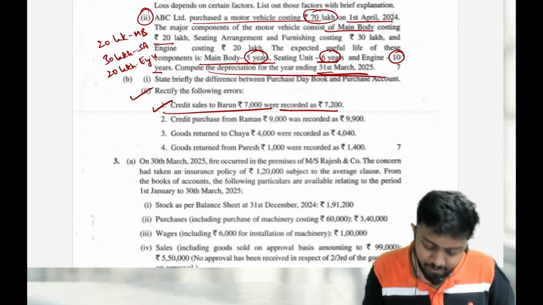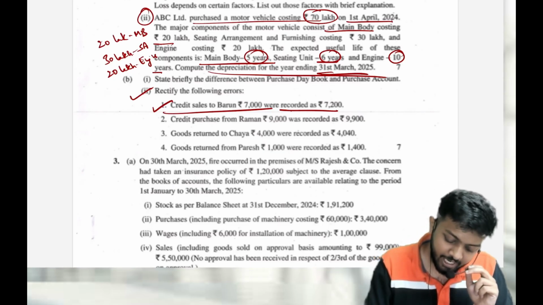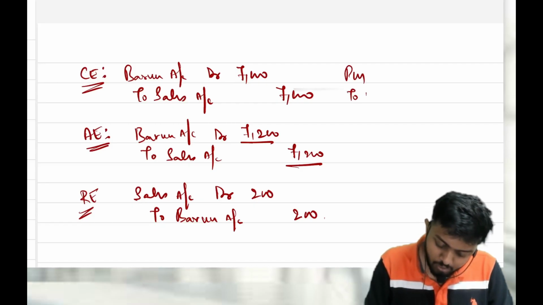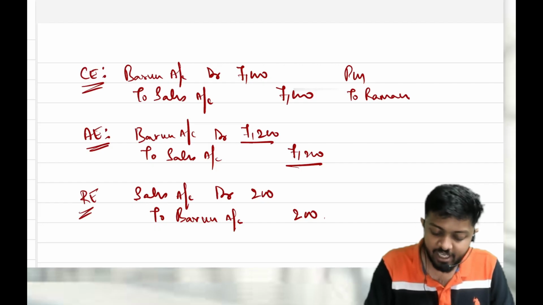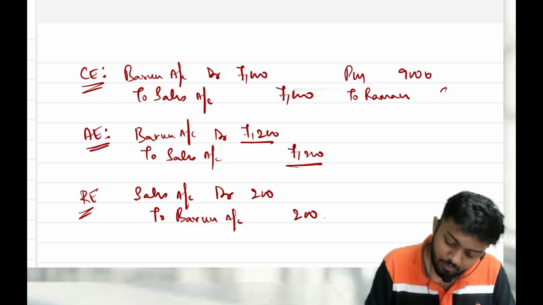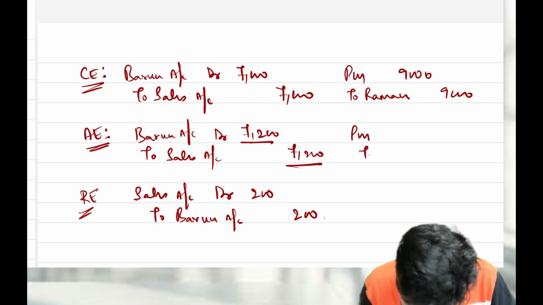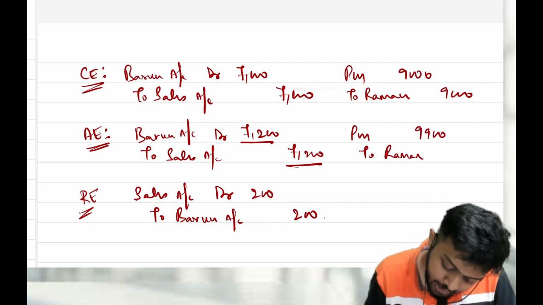Next, credit purchase from Raman 9,000 was recorded as 9,900. Again, very simple. The correct entry should be purchase to Raman. Purchase is an expense, increasing, debit; Raman is a creditor, increasing, credit. So it should have been 9,000. They have recorded it as 9,900.